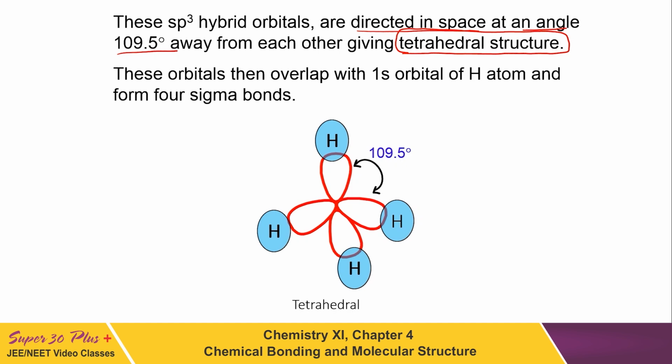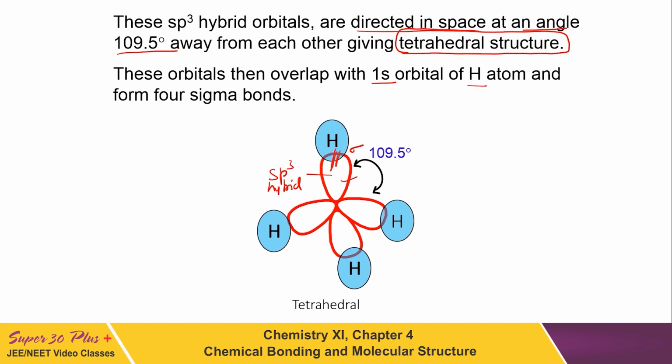So these orbitals, when they overlap with the 1s orbital of hydrogen, form 4 sigma bonds. Now these red color orbitals you see here, each red color orbital is an sp3 hybrid, and this sp3 hybrid overlaps with the hydrogen and forms a sigma bond.